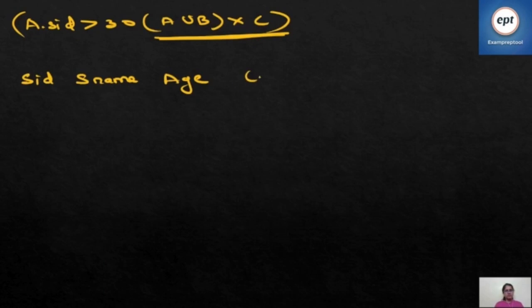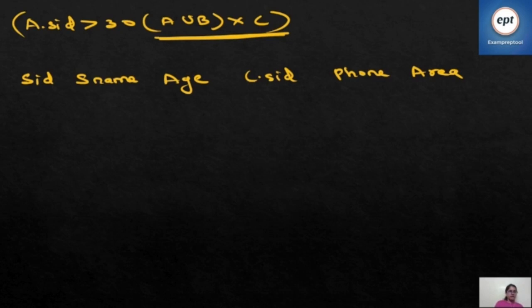After that C dot SID, then phone, and then area. Here we wrote C dot SID because we should not have confusion, because this SID is from the union of A union B and this is the C SID.